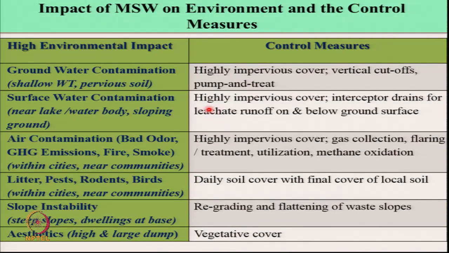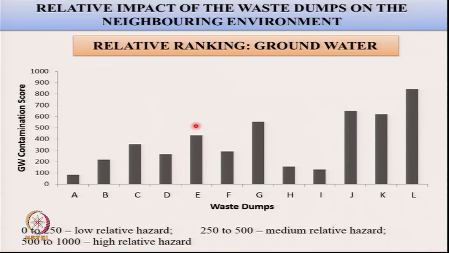Surface water contamination, highly impervious cover, intercepted drains so that the leachate doesn't flow along the ground to the lake, on and below the ground surface. Air contamination, highly impervious cover, but collection systems. Collect the gas, collect everything. Burn it, flare it, treat it, deodorize it. Highly impervious cover, active gas collection, flaring, treatment, utilization, methane oxidation. So we have different solutions for different problems.